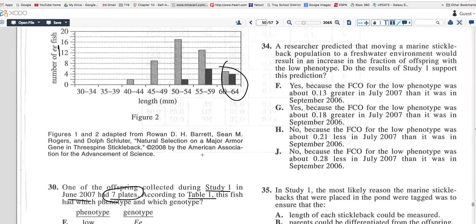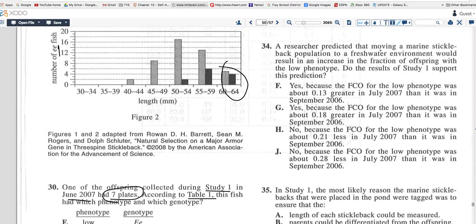Brianna, give 34 a shot. So you would underline, do the results of study 1 support this prediction? That's the actual question. Then it talks about the movement to the freshwater environment.